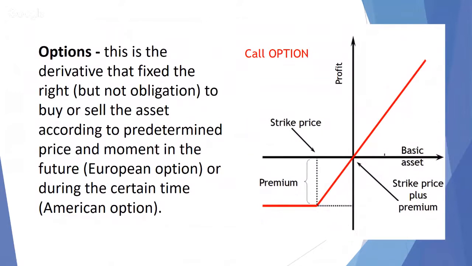Options. This is a derivative that fixes the right, but not the obligation, to buy or sell an asset at a predetermined price and moment in the future. This is a European option, or, during a certain time, an American option.